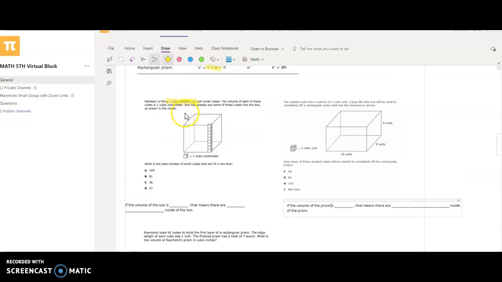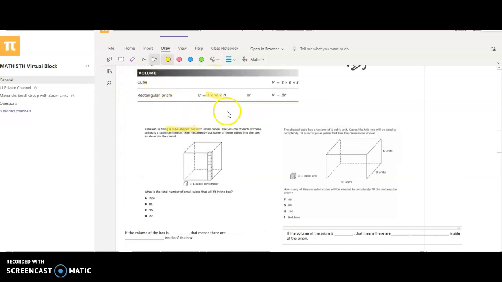And so if we're going to look at our formula for volume, we would use the cube formula, which is side times side times side. What is one side? It's the same as all the others if it's a cube. And in this case, our side is equal to 9. So we can put 9, 9, and 9.